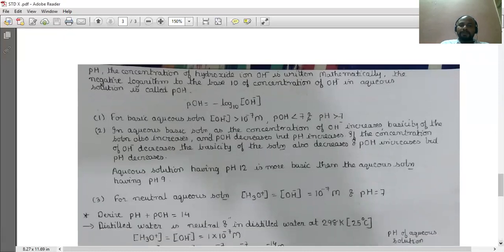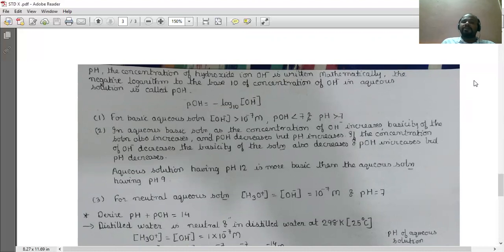Now, the concentration of hydroxide ion is written mathematically as the negative logarithm to the base 10 of the concentration of hydroxide ion in an aqueous solution, which is known as pOH. pOH is mathematically represented as negative logarithm to the base 10 of hydroxide ion concentration.